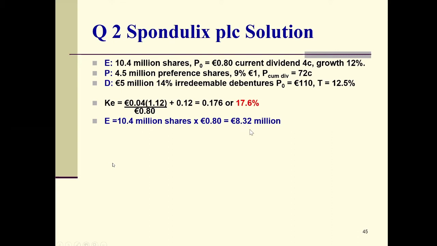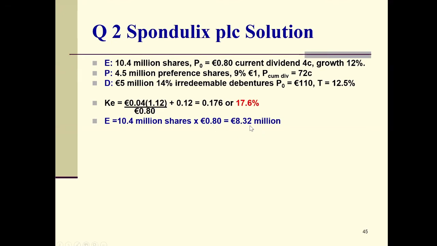In an exam, the weight would probably be worth 2 marks or so. So, all of these things are important. You'll be getting marks for the cost of equity, maybe 3 or 4 marks, maybe 2 marks for the value. So, you're picking up marks all the time, but I'm finished with equity here. What you've done is you've worked out the cost of the equity and you've got a value. That's called the weight or the market value of all the shares.